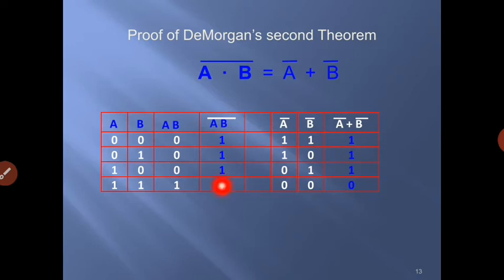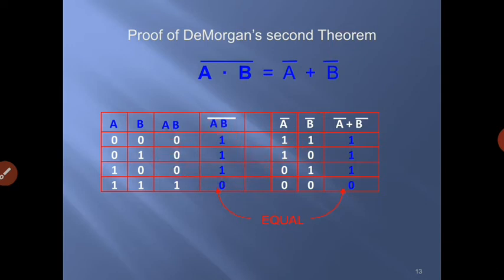If you observe, for the 0 0 combination of A and B inputs, the product AB will give you 0, AB whole bar will give you 1, A bar will give you 1, B bar will give you 1, and A bar plus B bar will also give you 1. So these two columns, AB whole bar and A bar plus B bar, should be equal according to De Morgan's second theorem, which you are verifying with the truth table.